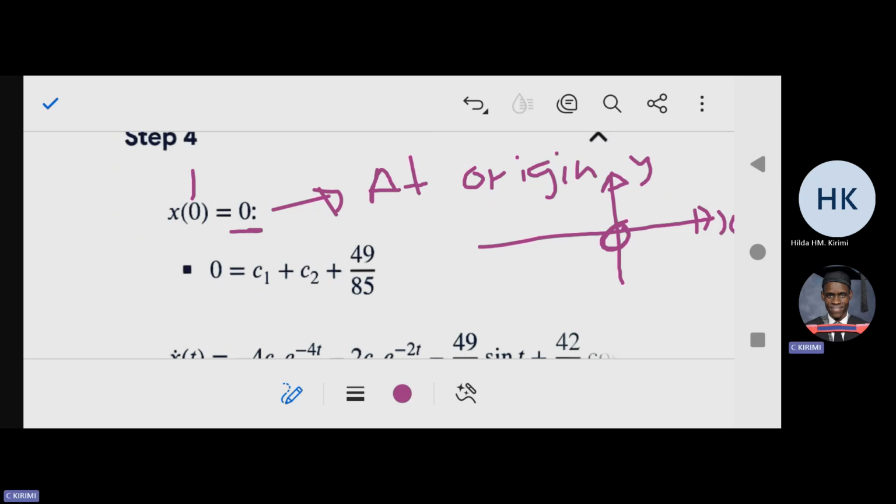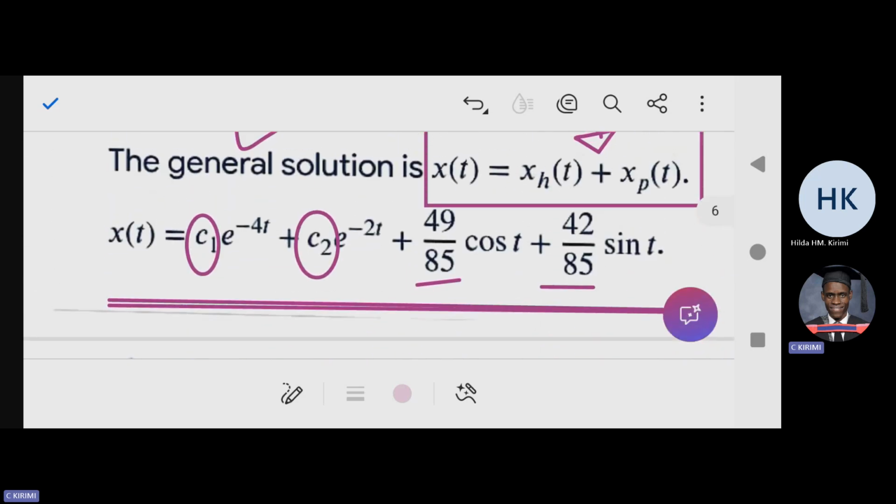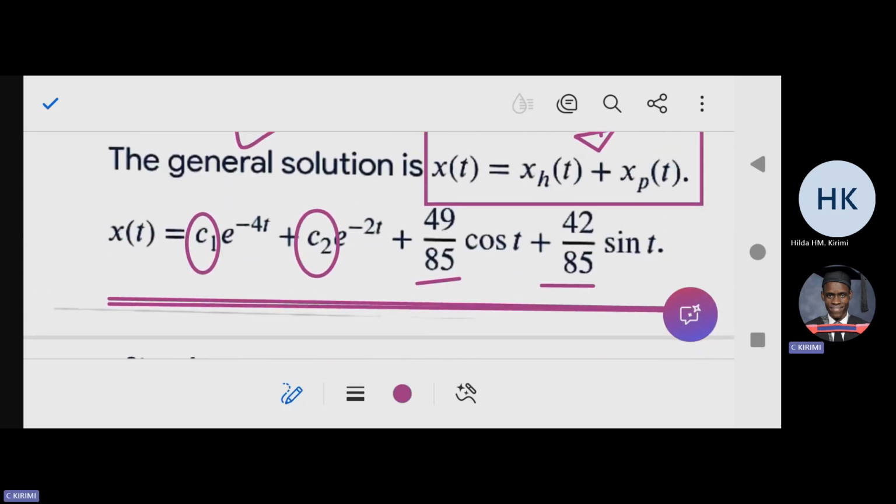So what are we going to do? From that general solution, remember we are now applying initial conditions, which is the last thing. You come to the general solution: X naught, which means X of 0, where there's T, I must put 0. Wherever you see a T, you put 0.